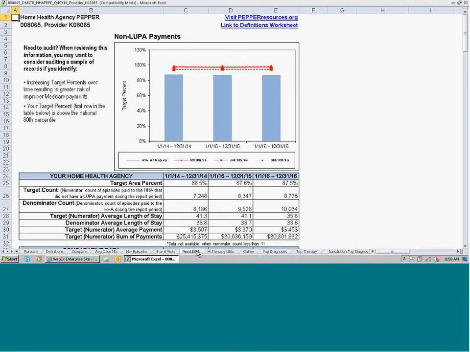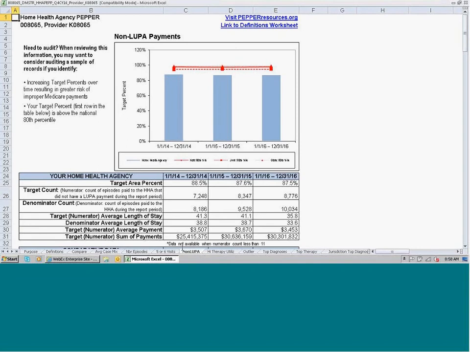This is the target area that is looking at non-LUPA payments. Now remember, for both the episodes with 5 or 6 visits as well as this target area, they're looking at the same issue but from different angles. To qualify for an HHRG, the beneficiary has to have at least 5 visits during a 60-day period.